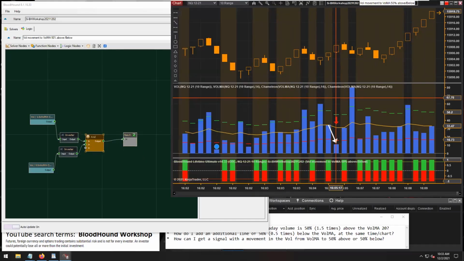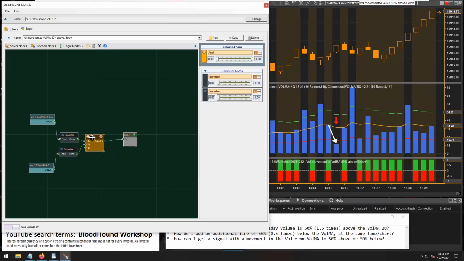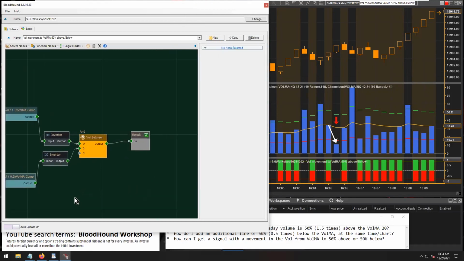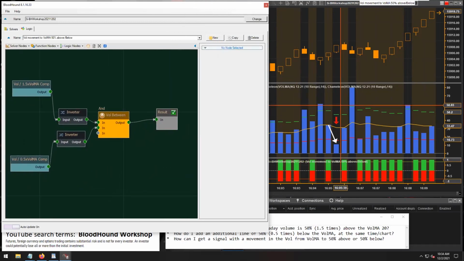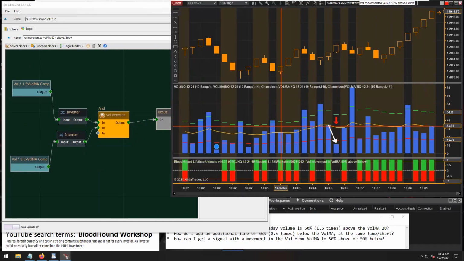And there we have it. Now we have the volume in between. We can name that AND node there. So there's our detection of volume being in between.